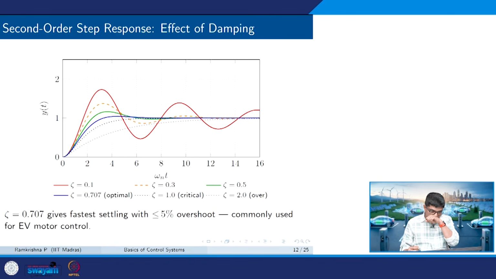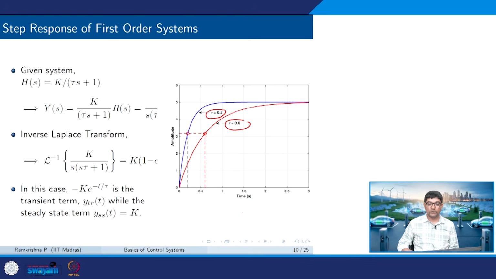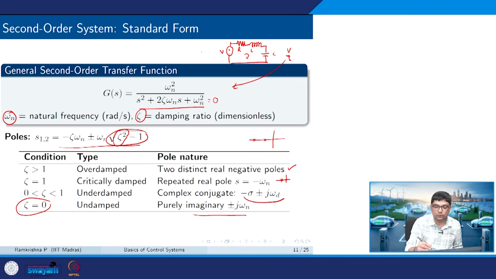Okay, so we will be interested in looking at how each of these systems for different zeta will react to a step input, in a way of what happens when I apply, say, a voltage of 20 volts to this RLC circuit. I think we would have done this in our circuits course, or if you do not remember, in the controls course.